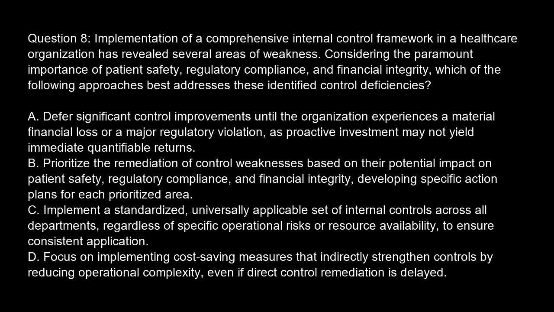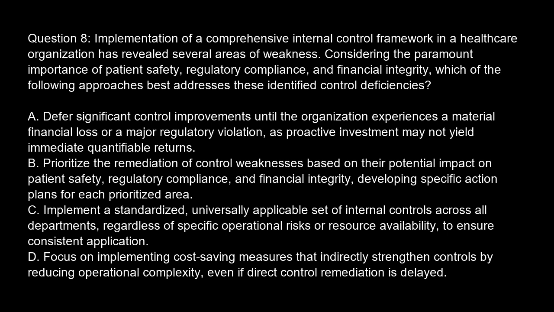Option A. Defer significant control improvements until the organization experiences a material financial loss or a major regulatory violation, as proactive investment may not yield immediate quantifiable returns. Option B. Prioritize the remediation of control weaknesses based on their potential impact on patient safety, regulatory compliance, and financial integrity, developing specific action plans for each prioritized area.